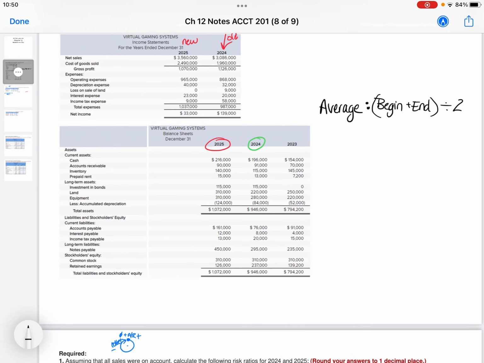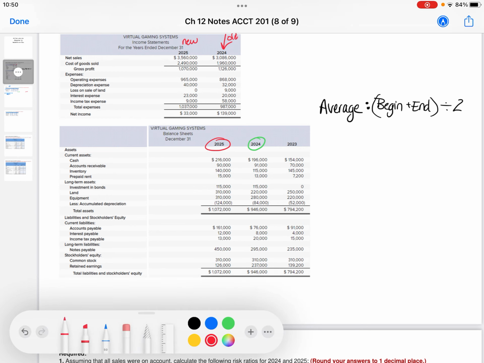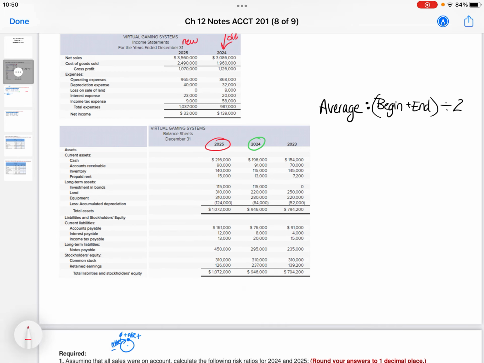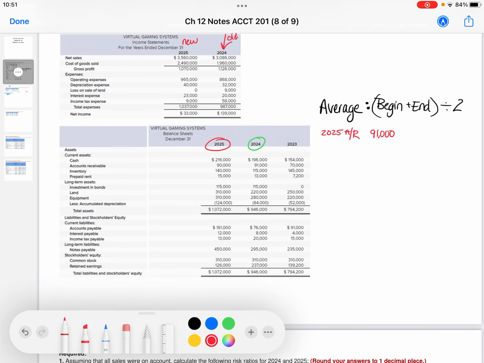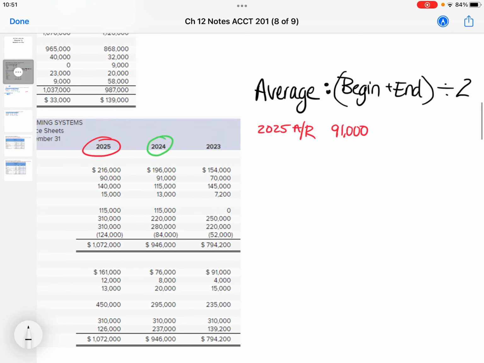Okay, so let's start with accounts receivable. And I'll do 2025. So 2025 for AR, if I take the beginning balance, it's 91,000. And let me make a note on that. So remember, the beginning balance of 2025 is actually the end of 2024. And then, of course, the next number, which is the end of 2025.